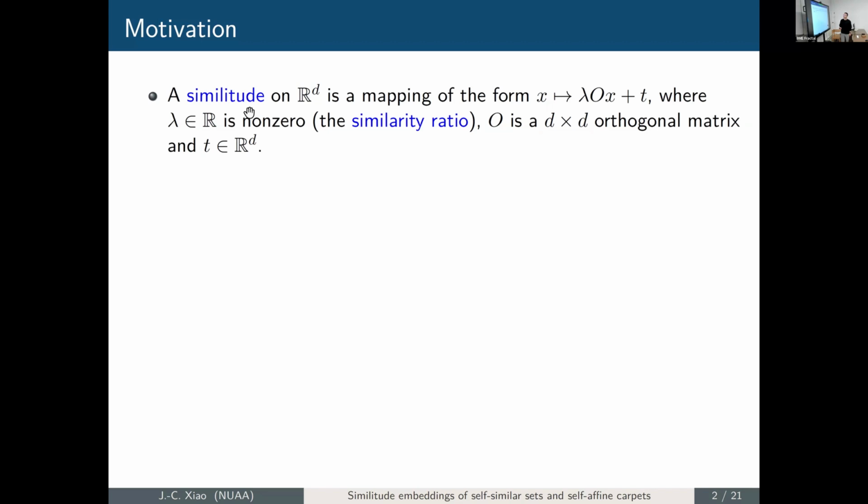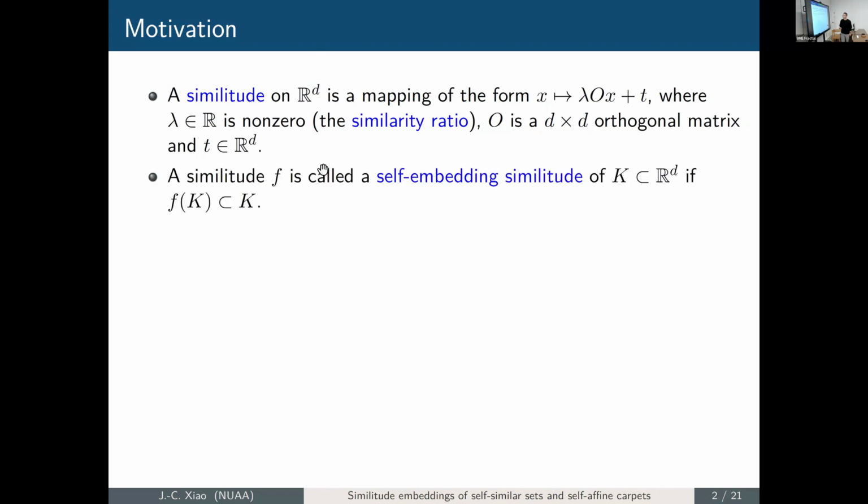So in particular, a similitude sends a set K into a scaled copy of itself. For convenience, we will call a similitude F a self-embedding similitude of a particular set K if the map sends K into itself. In other words, it embeds the set K into itself.